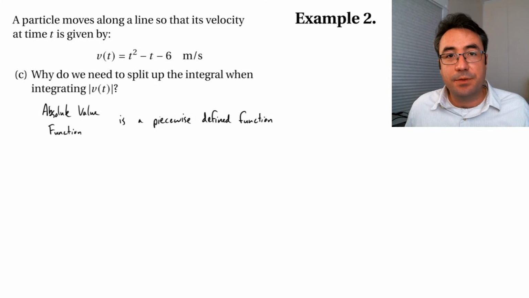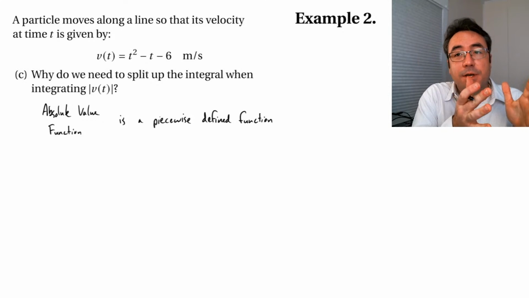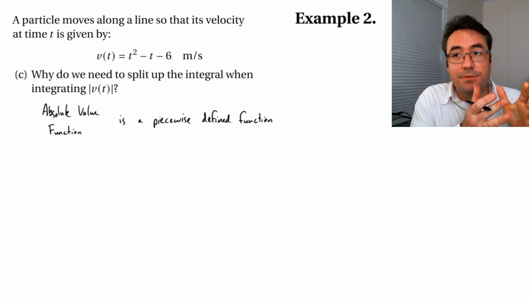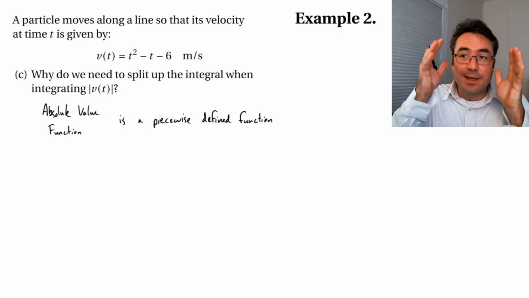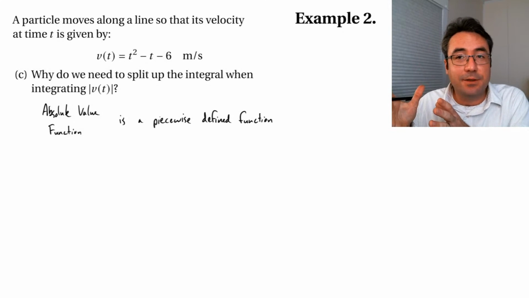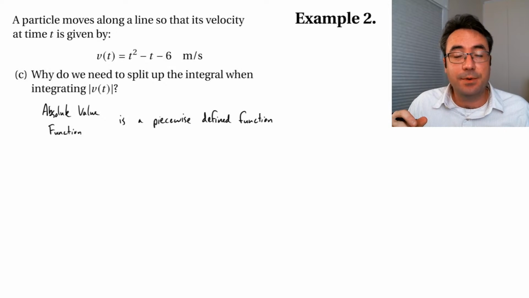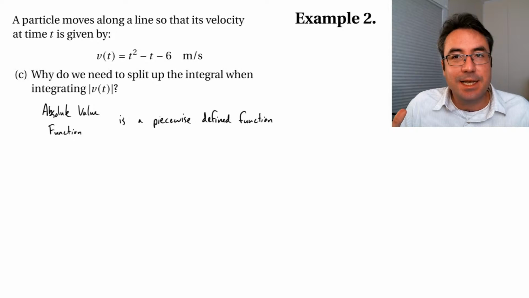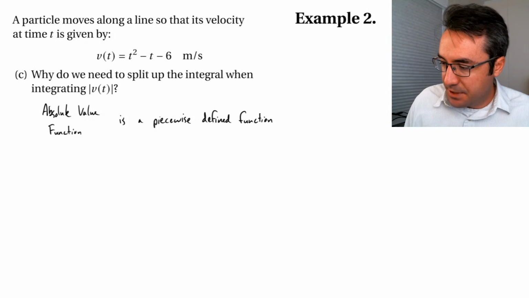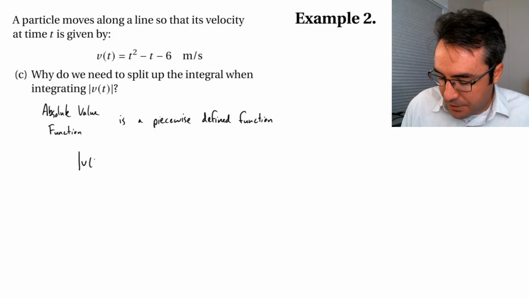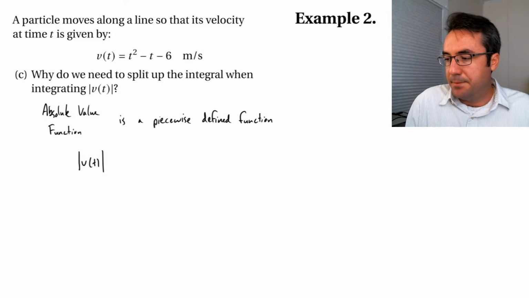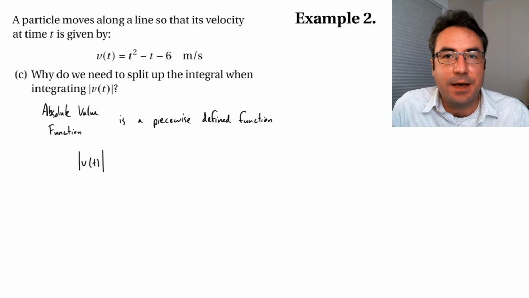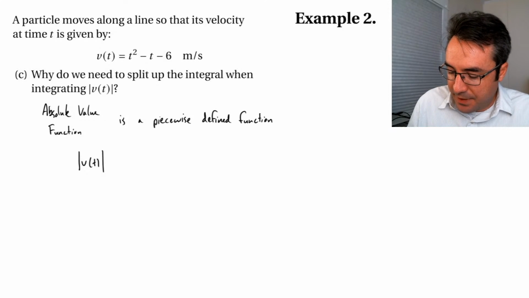And the way we did it with integrals is we had to first do the integral for the triangular region, then we had to do the integral for our rectangular region, and then once we had those two values, we added them together. So for piecewise functions, you have to split up the integral based on the pieces of your function. So specifically for absolute value, let's look at the absolute value of v of t. It's defined differently.